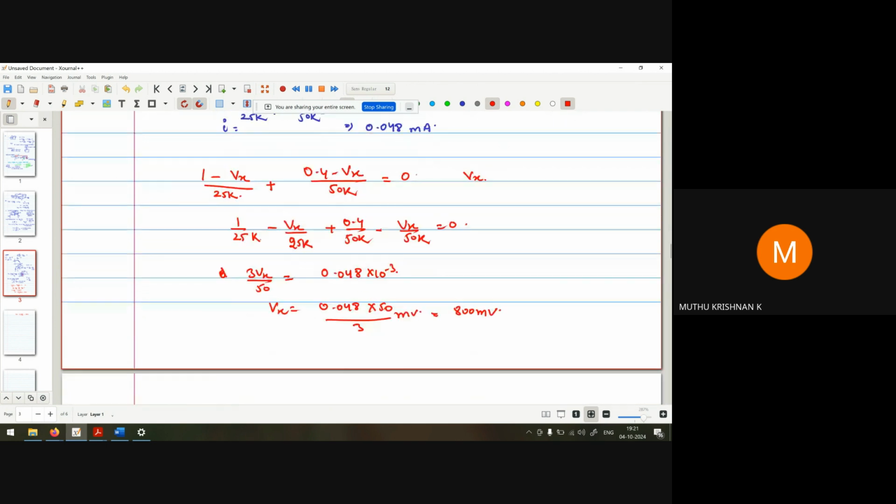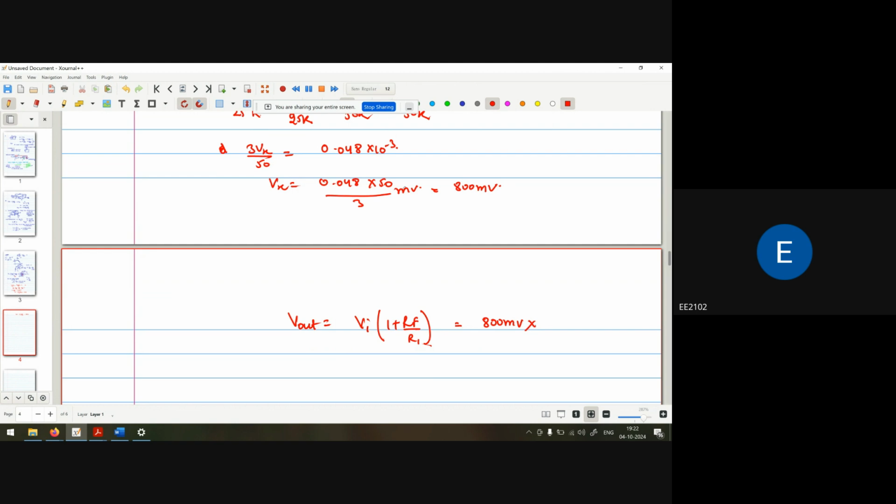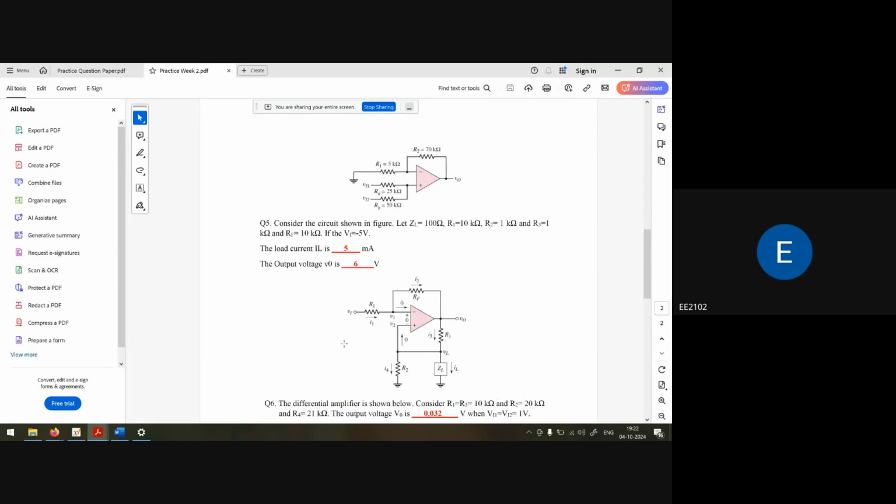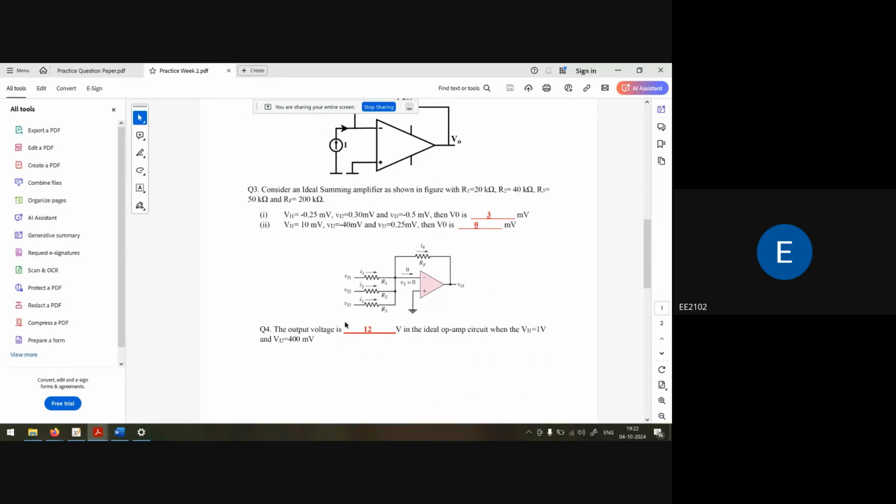Yes, sir. So 800 multiplied by 15, that is 12 volts. What is the output? Yes, 12 volts. Yes, sir.